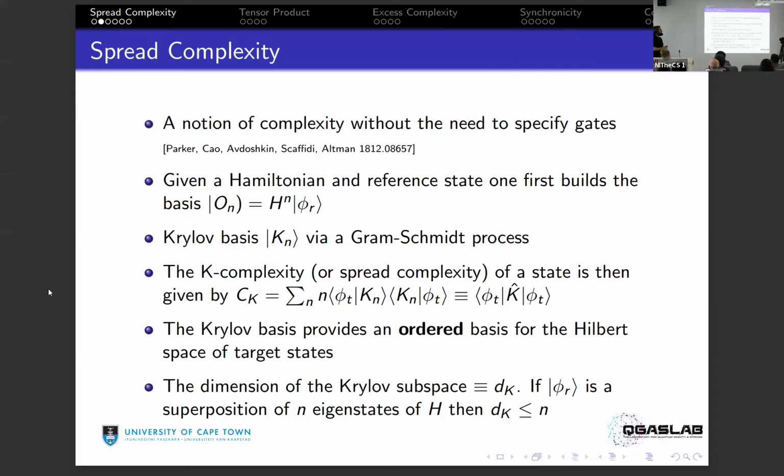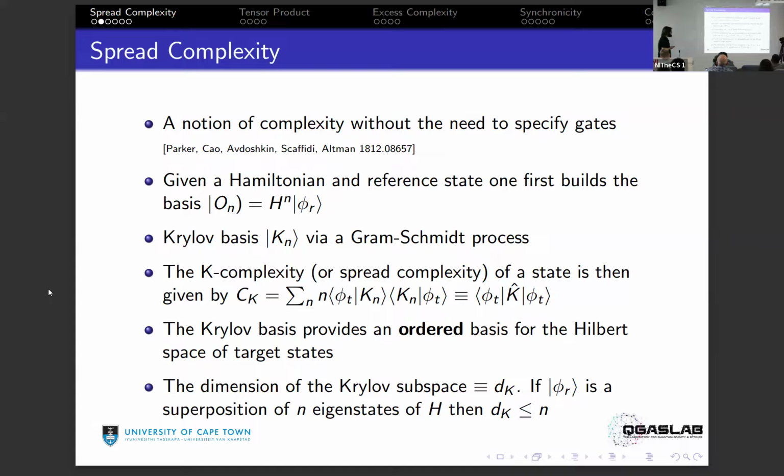The way to think about that is that K0 has a cost of 0, K1 has a cost of 1, K2 has a cost of 2, and so on. So it's an ordered basis of complexity. This choice of n is not strictly necessary, but it's the most commonly used one. And it's an ordered basis for the space of target states that you can construct.